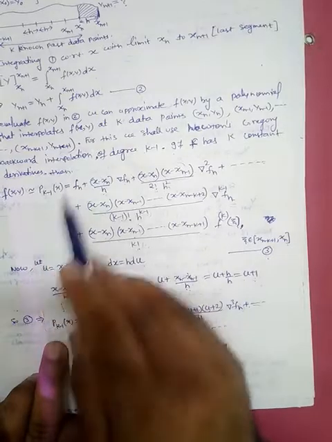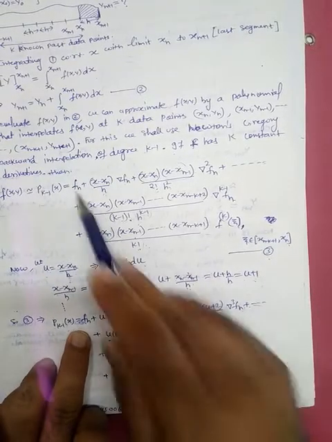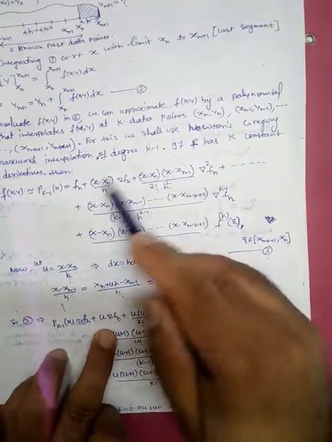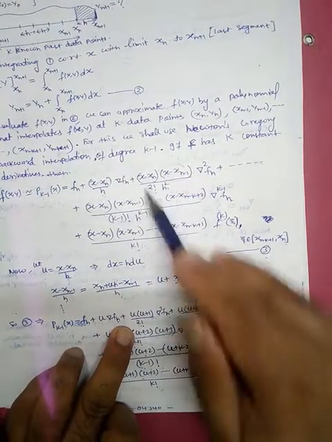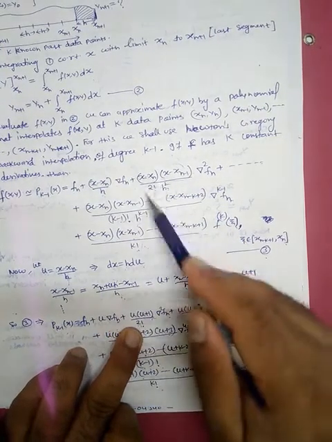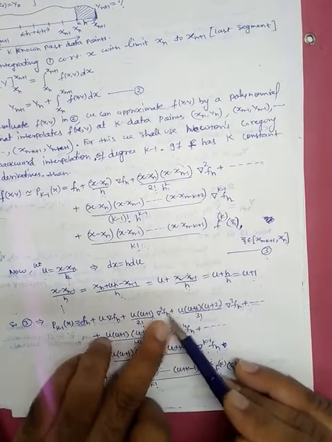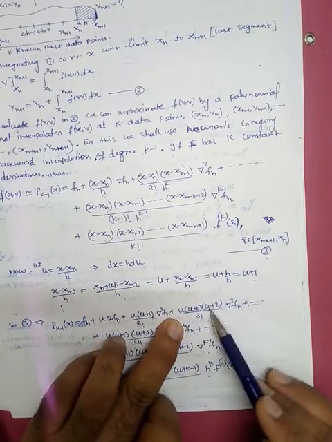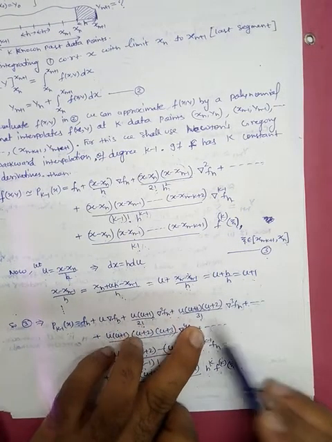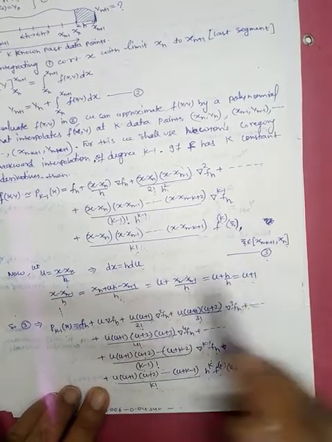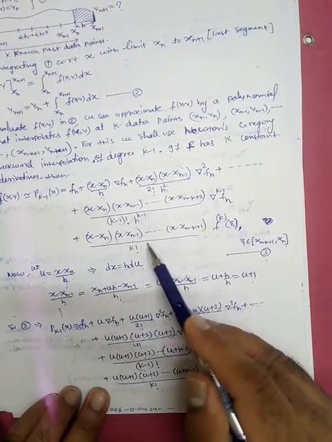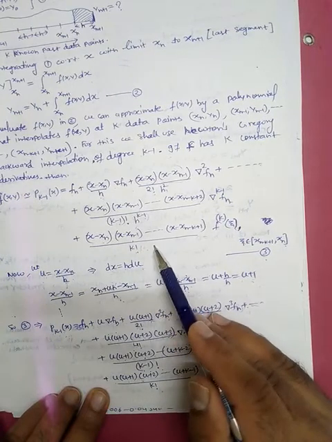So this polynomial p_{k-1} is nothing but f_n plus u nabla f_n, plus u(u+1)/factorial 2 times the second order difference, u(u+1)(u+2)/factorial 3 times the third order difference, and so on. And in the last term you can see that there is no h in the denominator.